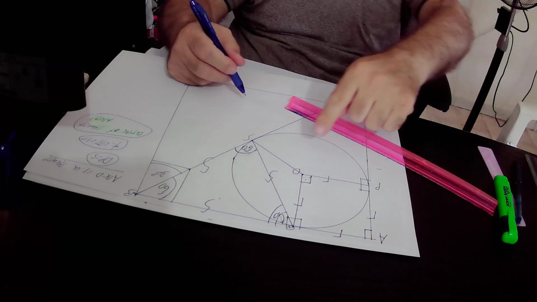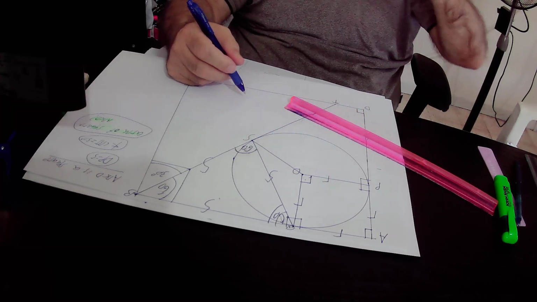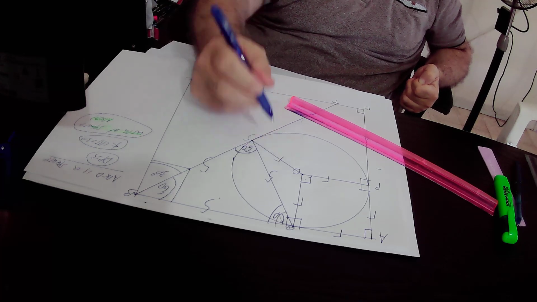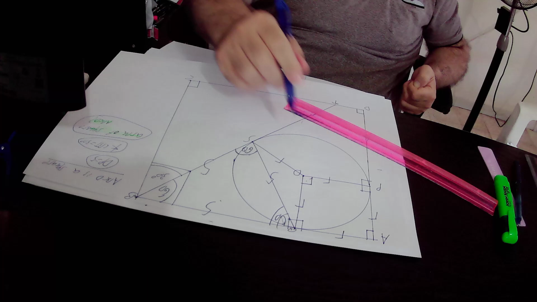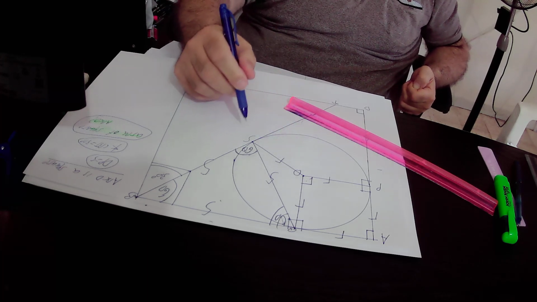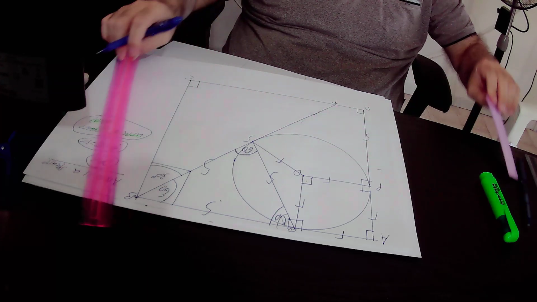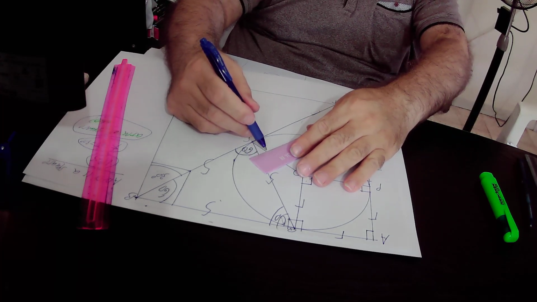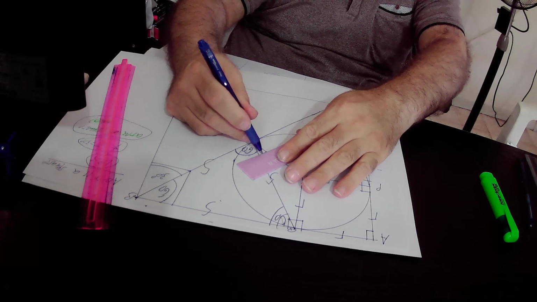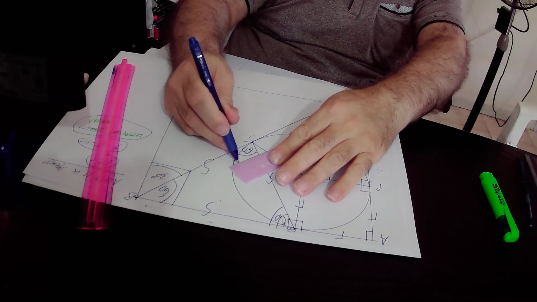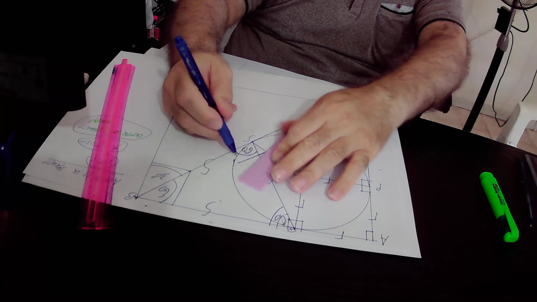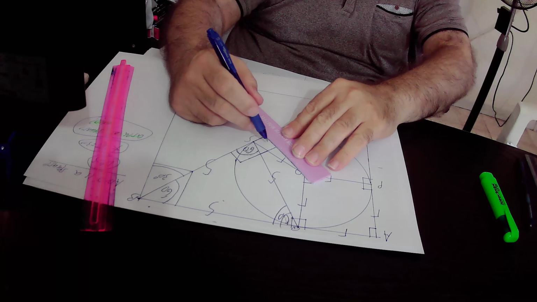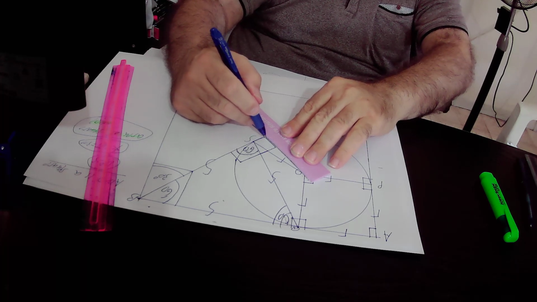Point O is the center of the circle, point S is a point on the circle itself, therefore OS is the radius of the circle that is equal to R. And again, we have the radius OS drawn to the point of tangency, therefore according to rule number 1, this angle equals 90 degrees, and this angle will also be equal to 90 degrees.